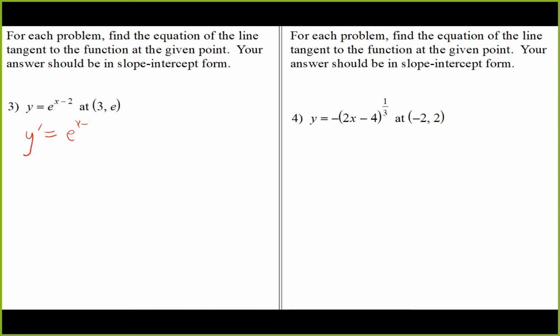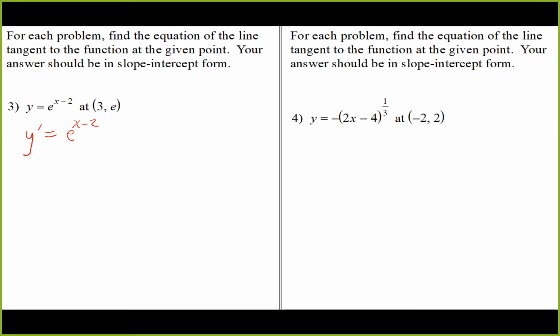It doesn't change at all, right? If we derive e to the u power, it'll become e to the u times u prime. But in this case, if I derive the power, if I derive x minus 2, I'd be multiplying by 1. So my function does not change in this case.